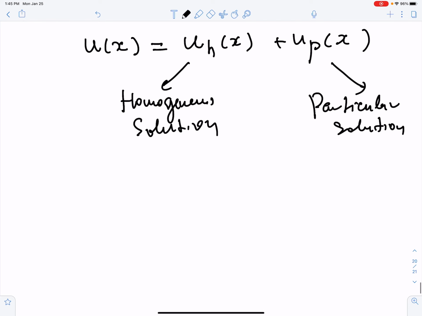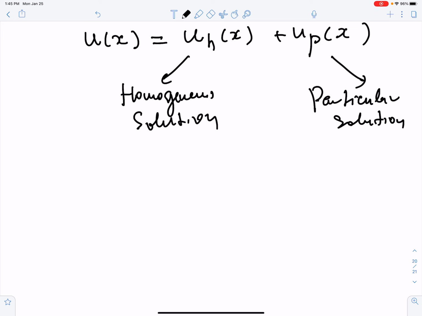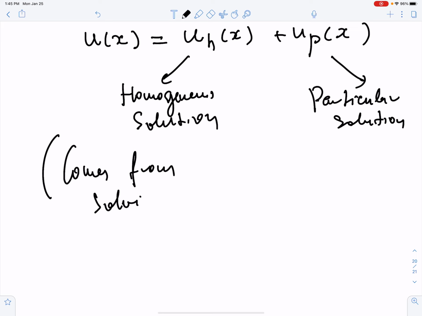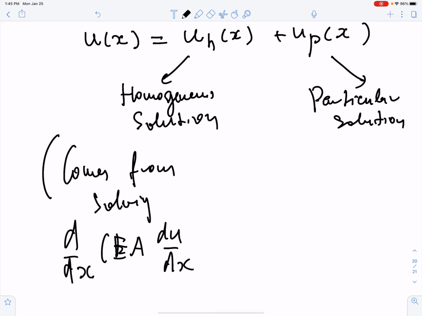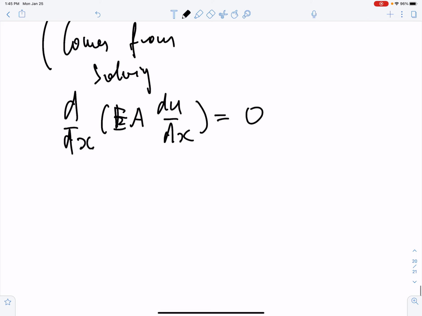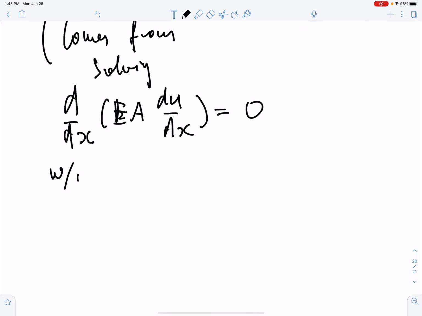And so uH comes from solving d/dx of EA du/dx equals 0, without forcing or boundary conditions.